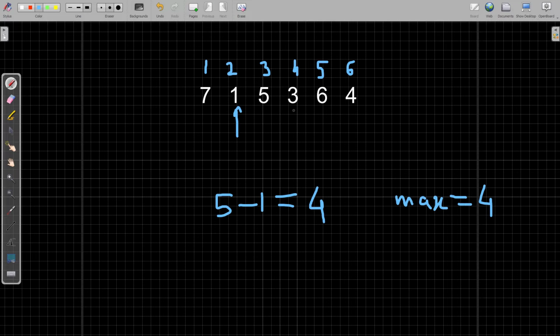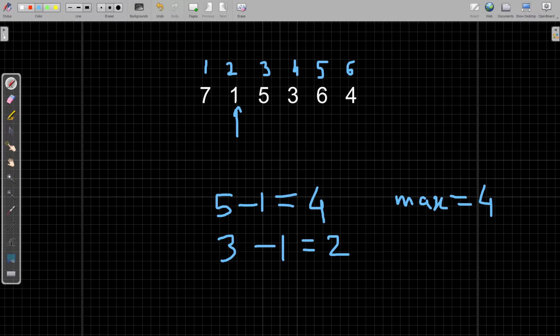My iterator goes to 3. So 3 minus 1 equals 2. So I will check whether 4 is greater or 2 is greater. So I saw 4 is greater. So I can say that up till day 4, it's best to sell at day 3 and not day 4. So I'm moving now to day 5.